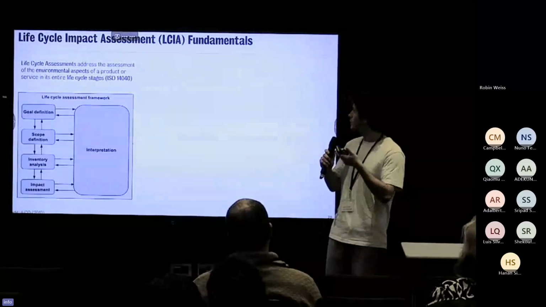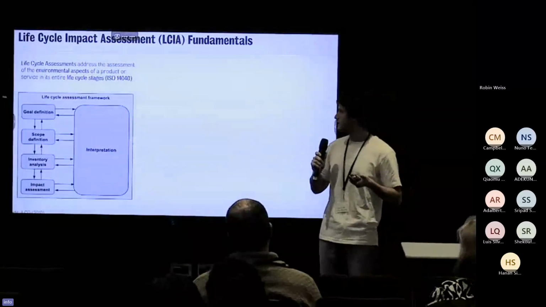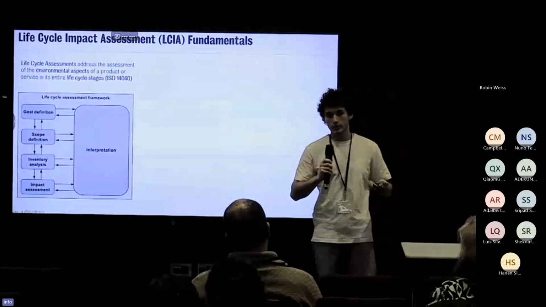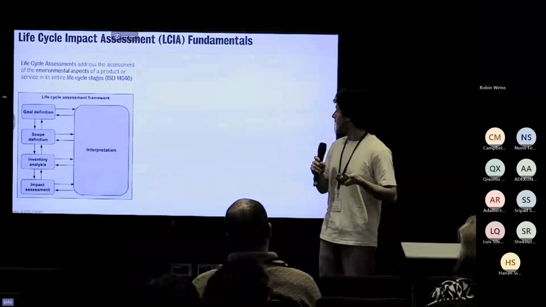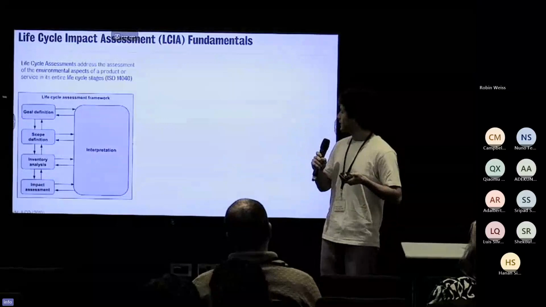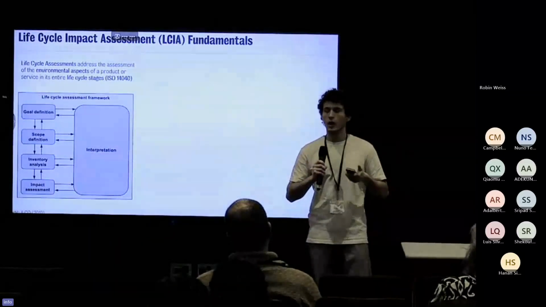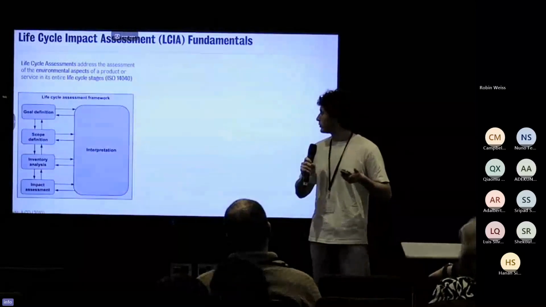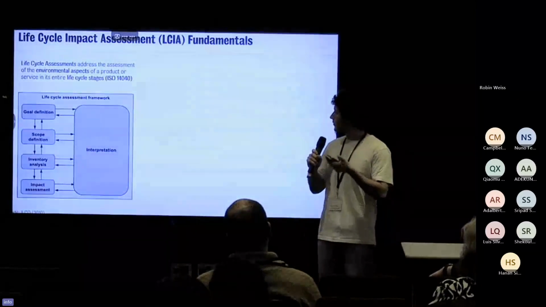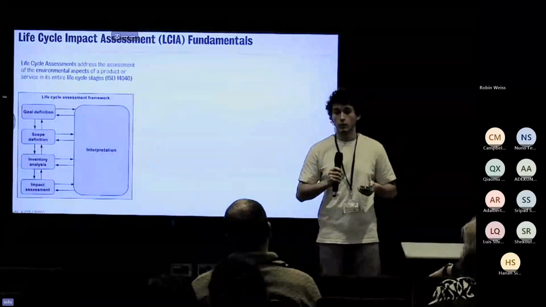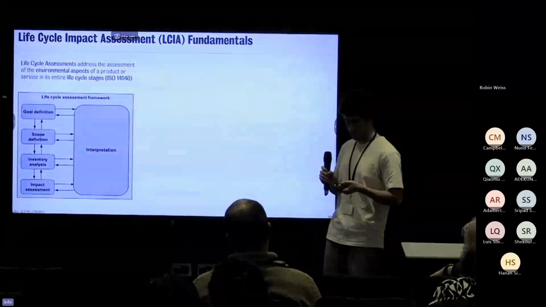And then the software performs the inventory analysis, so it lists all the inputs that are needed and all the outputs. And then it's able, using a few impact assessment methods, so ReCiPe 2008 or IMPACT 2002+, to use the results from the inventory to calculate all the actual impact assessments.